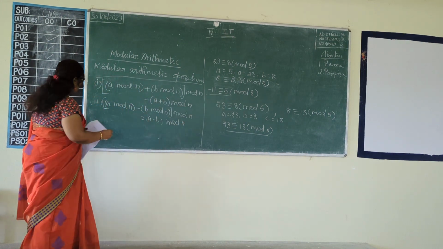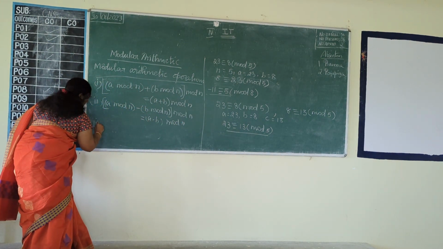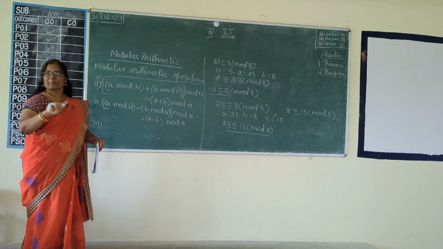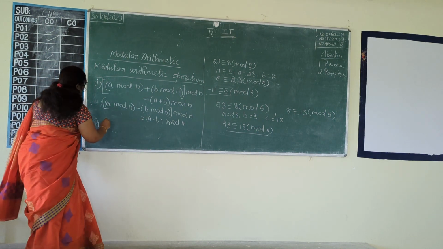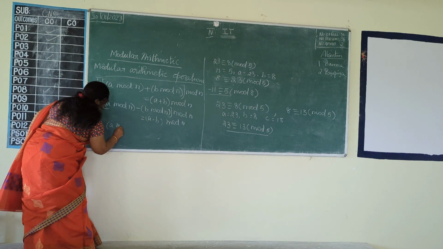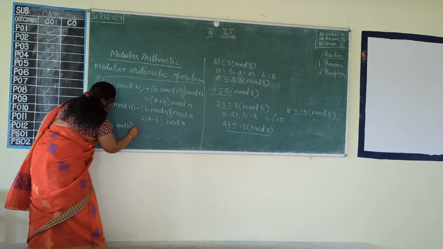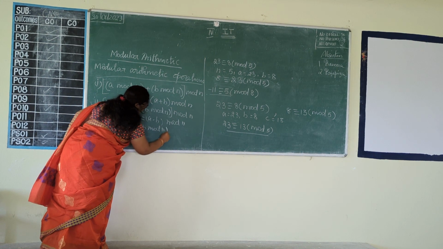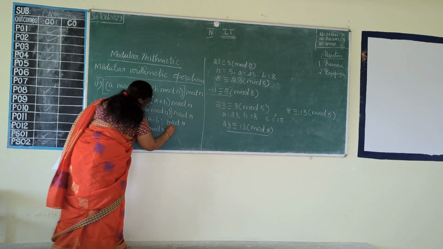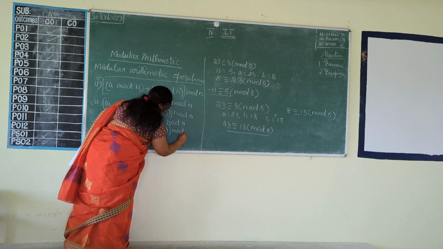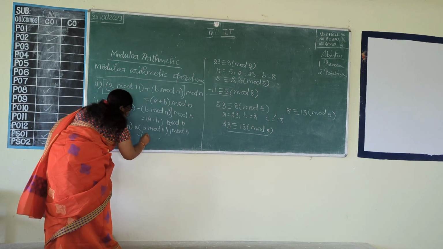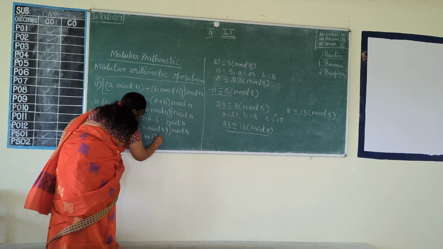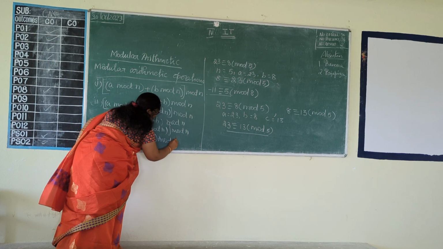Third property, obviously multiplication, but division will not happen in this way, correct? So A mod n into B mod n, whole mod n, is equal to A into B mod n.